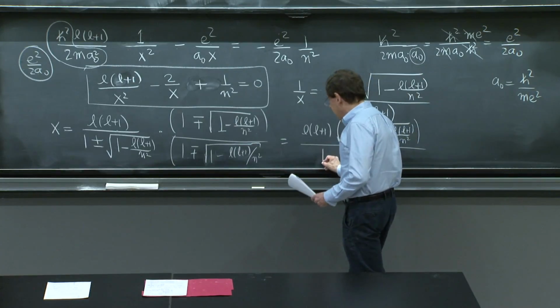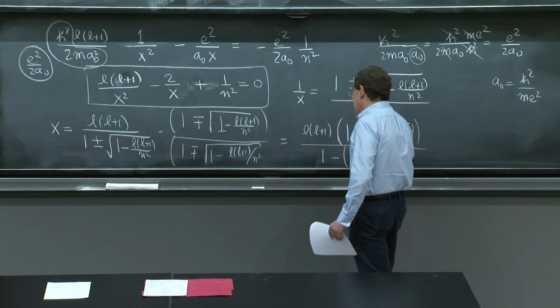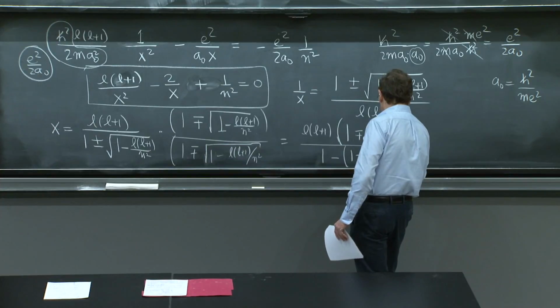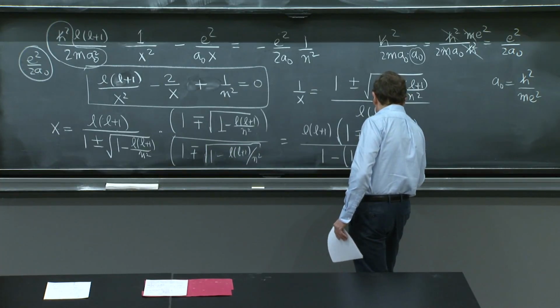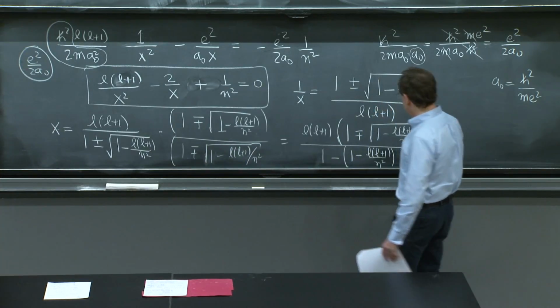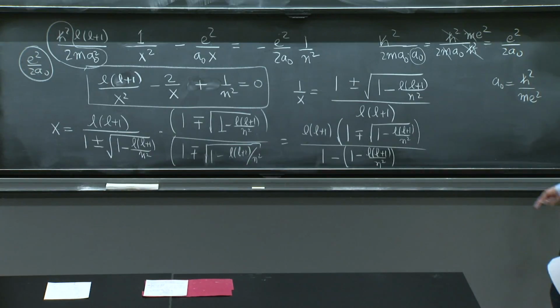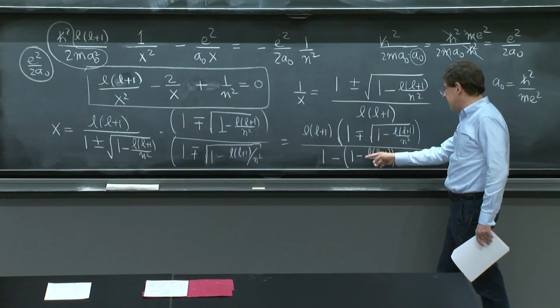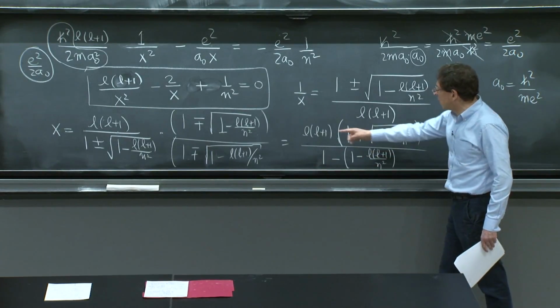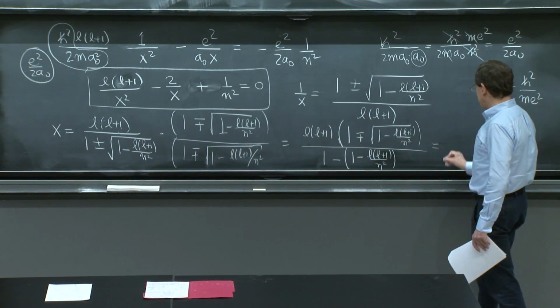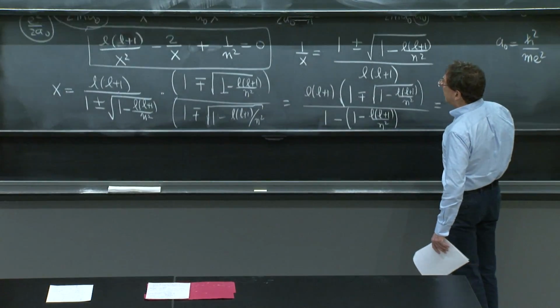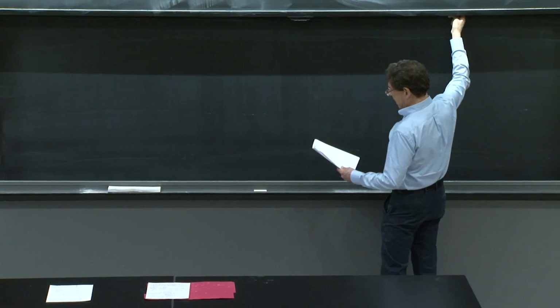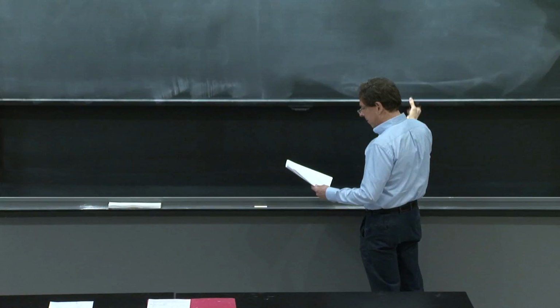So it's 1 minus L(L+1) over n squared. And the good thing is that in the denominator, the 1 cancels, and you get the plus L(L+1) over n squared that cancels that one, so that at the end of the day, we get a pretty nice formula.